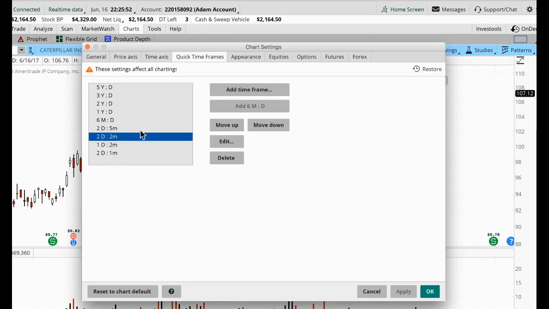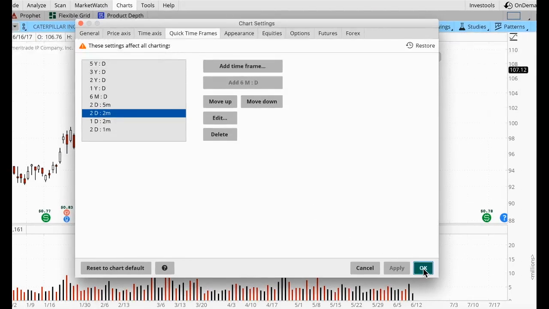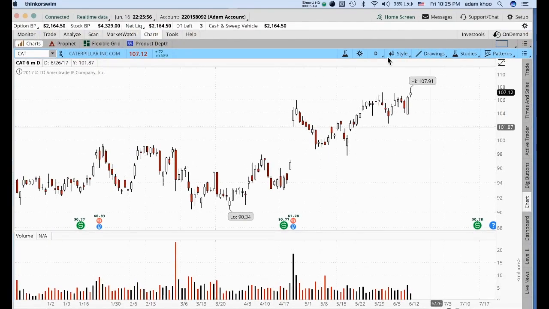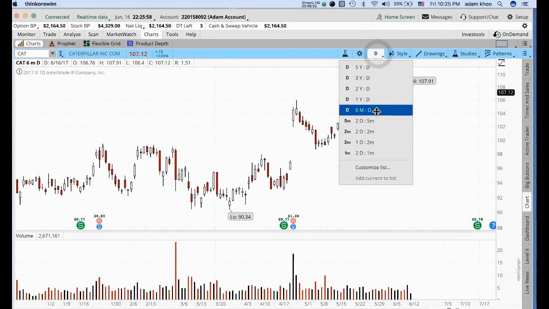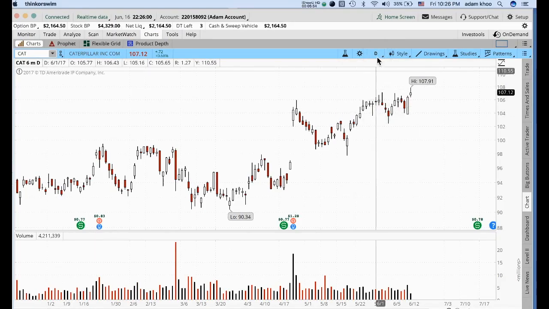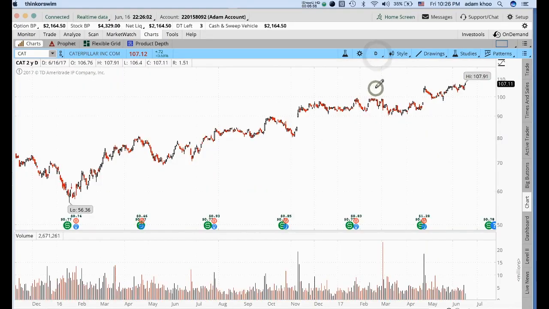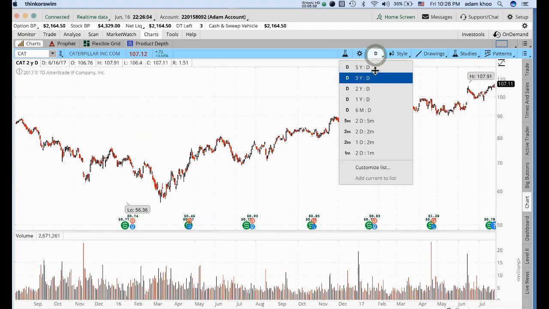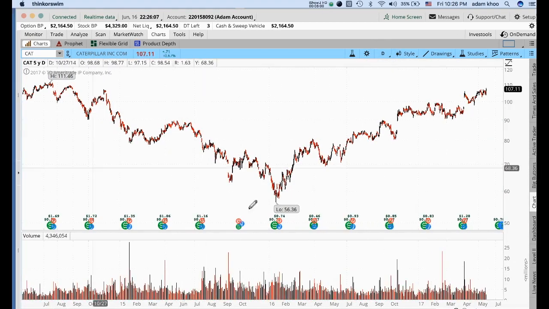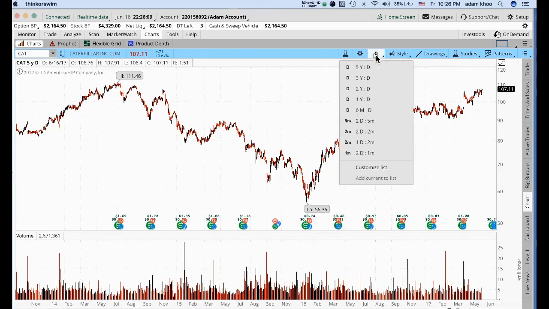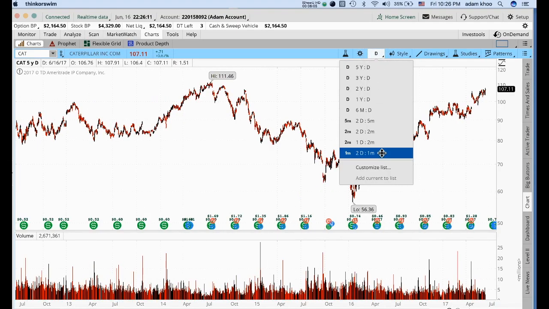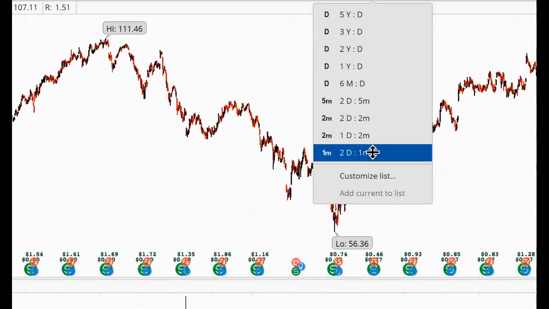So again, these are the ones I use. I'm going to click OK. Every time I want to change my time frame, I go to D, and I could change it to 6 months daily. Could change it to 2-year daily. I could change it to 5 years. If I'm doing an intraday scalping trade, I'll go to my 2 days, 1 minute candle.